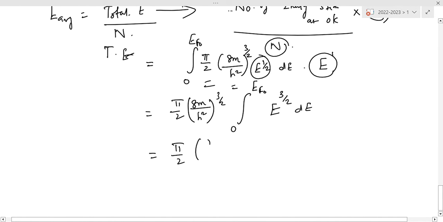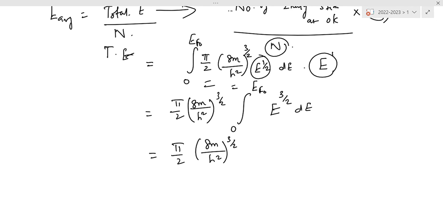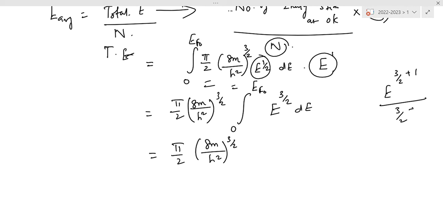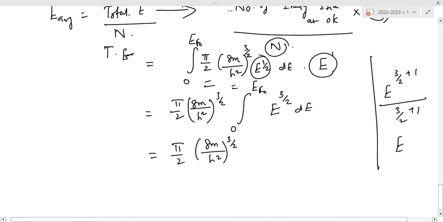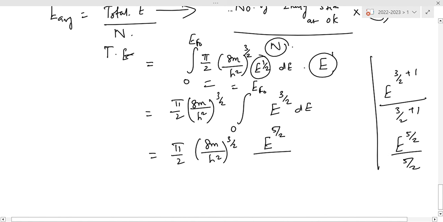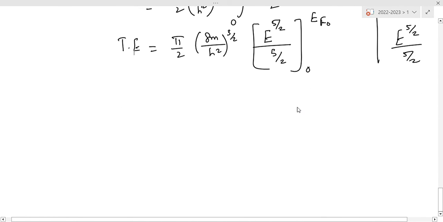Integrating this we get pi by 2 (8m by h square) the whole power 3 by 2 times E power (3 by 2 plus 1) by (3 by 2 plus 1). So I will get E power 5 by 2 by 5 by 2. I am writing that E power 5 by 2 by 5 by 2 with the limit 0 to EF naught. This is the total energy of the electrons.